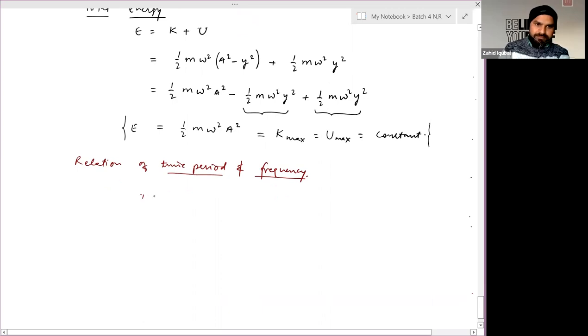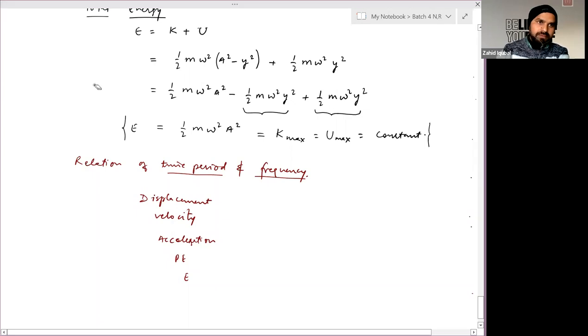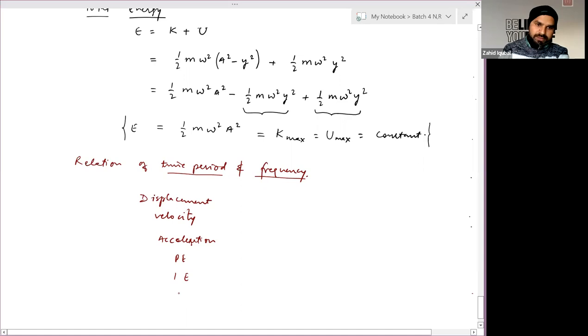First, displacement, velocity, acceleration, potential energy, kinetic energy, and then total energy.